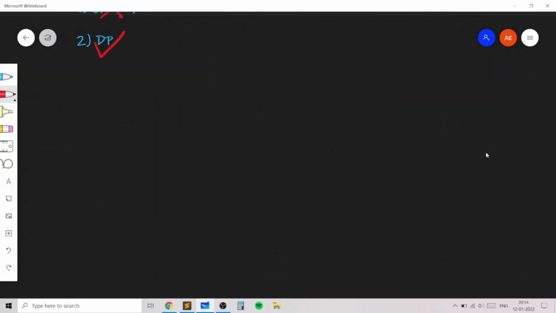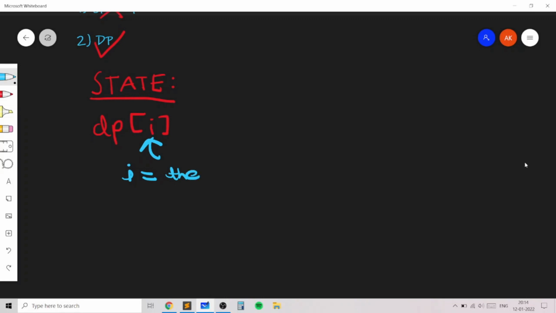So now let's think about the DP state and the recurrence. For the state, obviously one parameter in the state will be the current position. So one parameter would be dp[i], where i is the current sign on the road, and basically we are considering the first i signs.